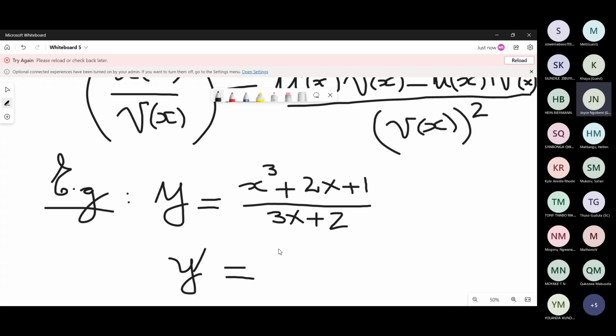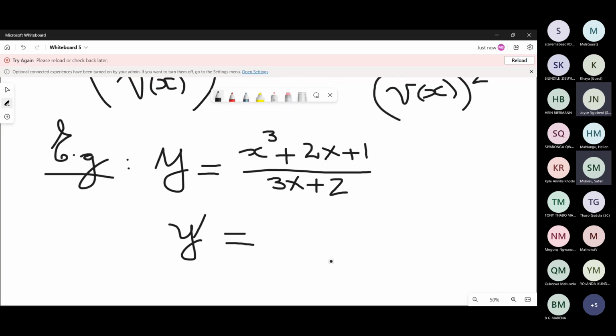Can you answer the question? How can you compute this derivative?